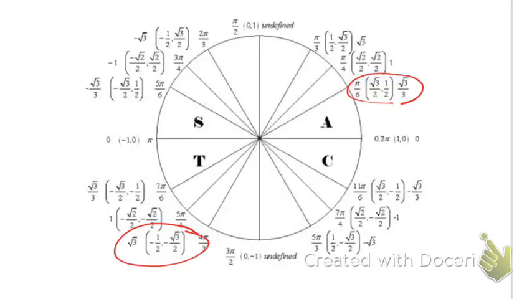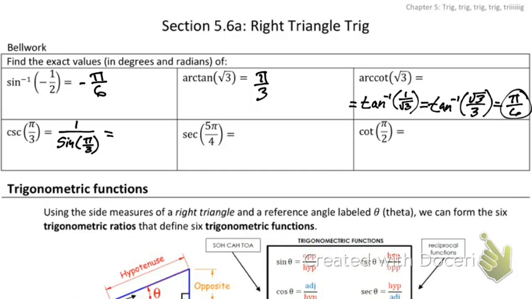So we go to our unit circle, and pi over 3 is right there. Sine is going to be square root of 3 over 2. If I take the reciprocal of that, that would be 2 over square root of 3. When you multiply the top and bottom by square root of 3, you'll get 2 square root of 3 over 3.